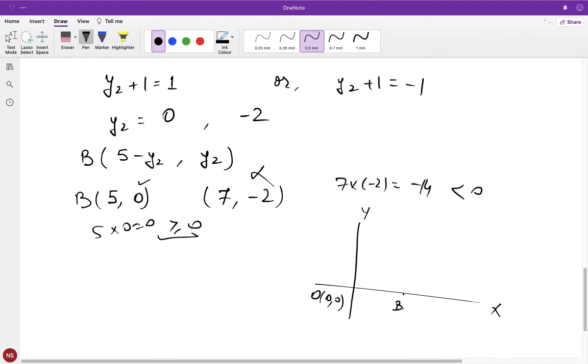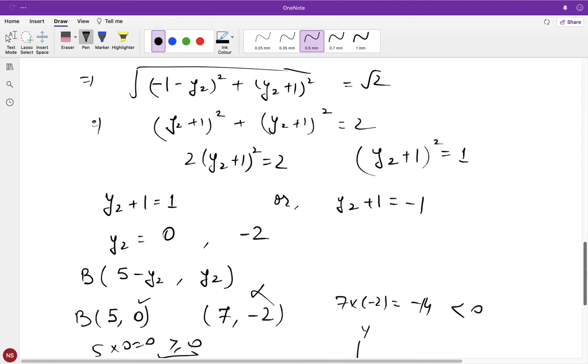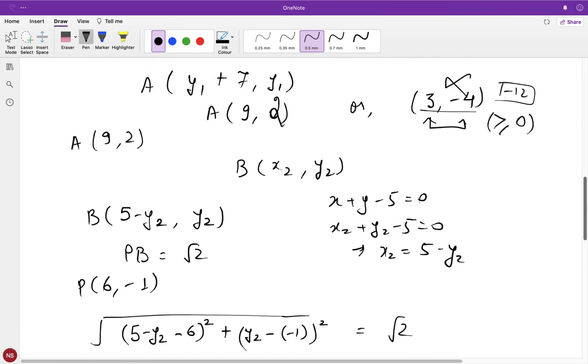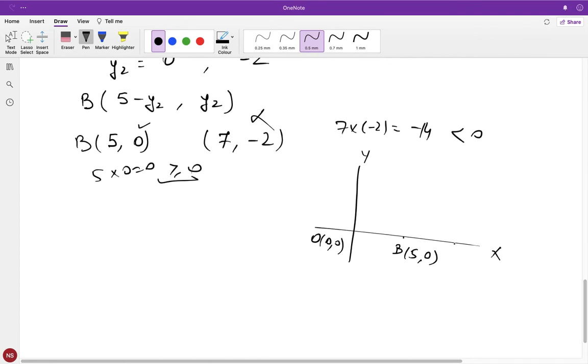Point A is also given. Where is point A? I have found out 9 comma 2, so around somewhere here. Point A, 9 comma 2. AB makes what angle at the origin? This angle theta that you have to find out.